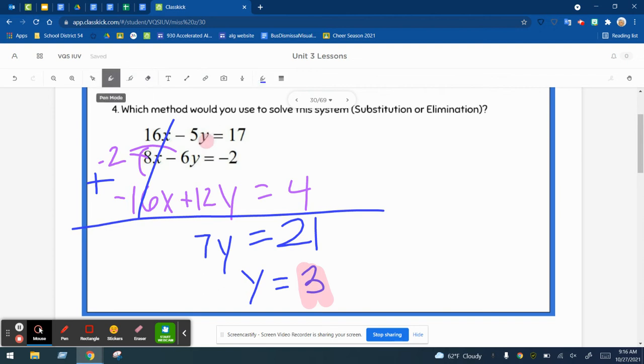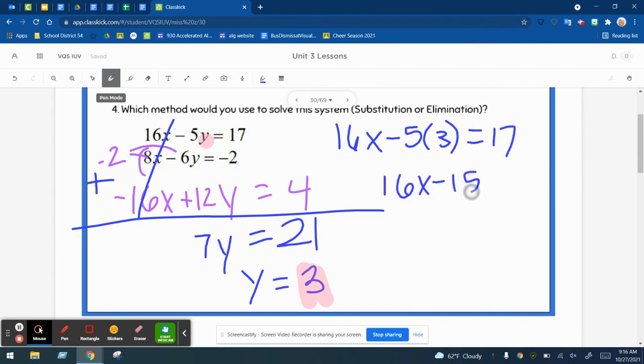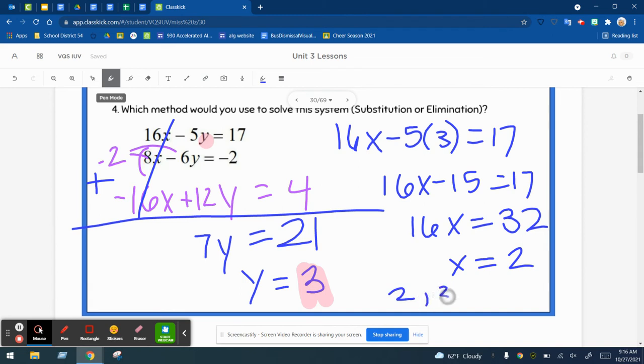So we get 16x minus 5 times 3 equals 17. 16x minus 15 equals 17. 16x equals 32. X equals 2. Final answer, 2, 3.